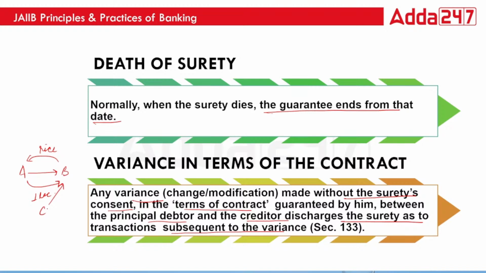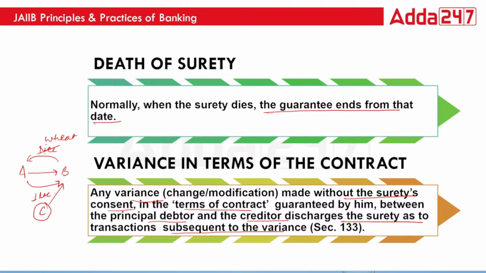Now, without the knowledge of C, they have changed the product. They made the variance, the change, that now it will be for wheat. Because C had agreed in the case of rice, and was not informed about the changes, C is discharged of the guarantee he had given, because he was not made a party to the variance and had not agreed to this particular transaction.